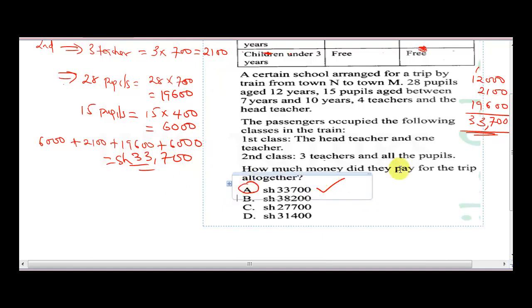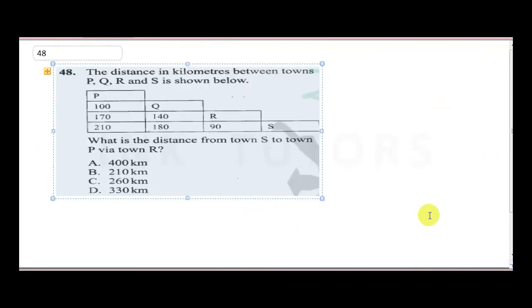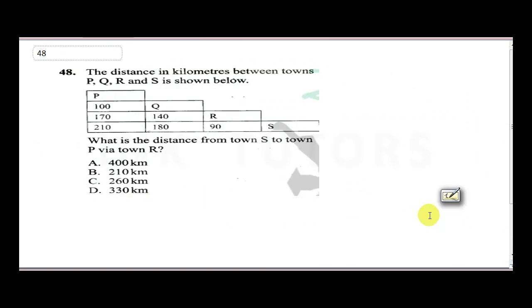Okay, so the next question, it's question 48. Question 48 says the distance in kilometers between town P, Q, R, and S is shown below. We say, what's the distance from town S to town P via R? Now, if you're moving from town S to town R, you will spend 90 kilometers.